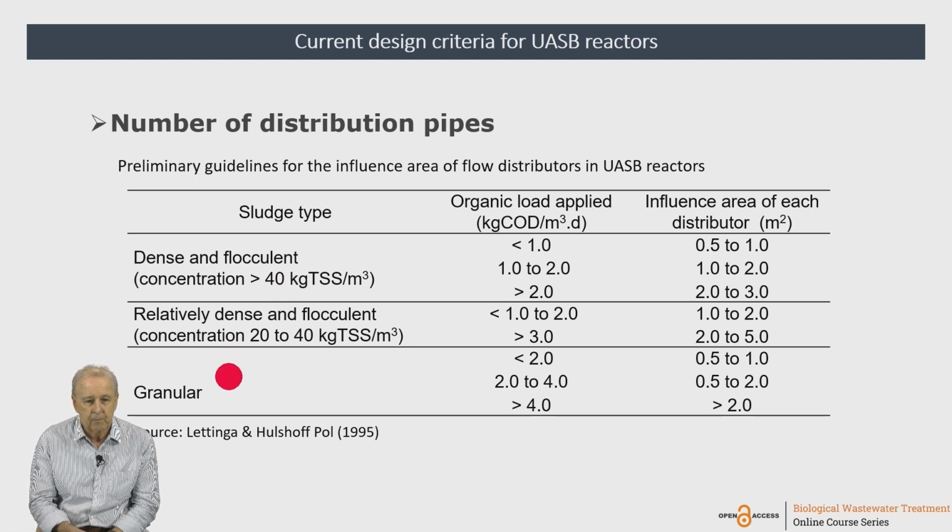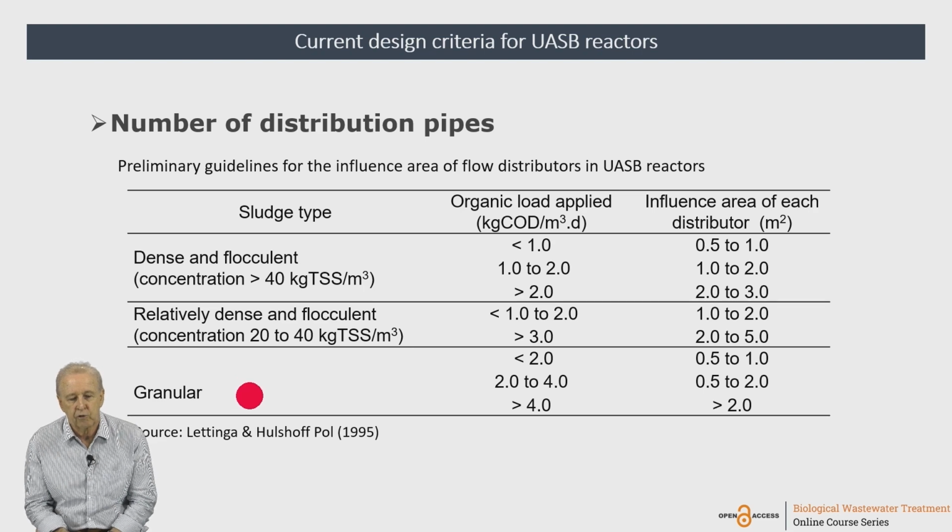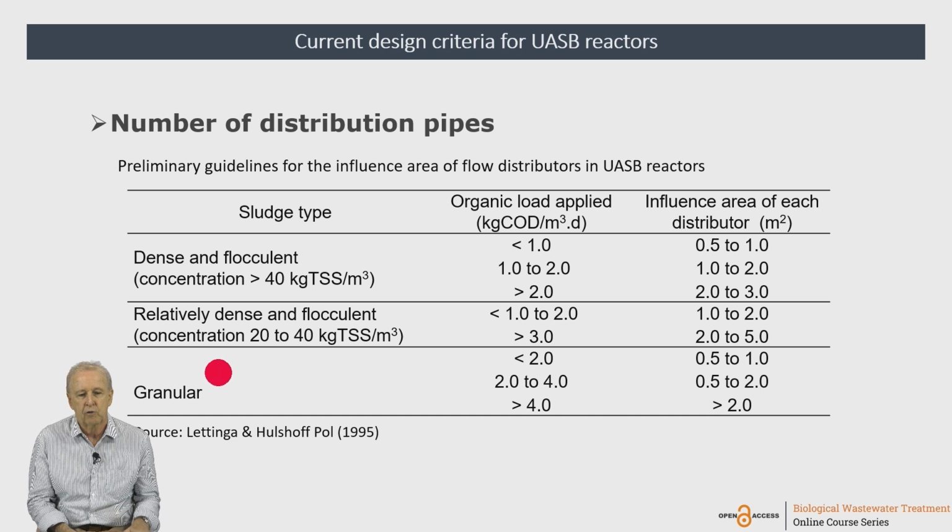The granular sludge is more common, it usually develops for industrial effluents. So I'm not going to talk about granular sludge here because it's more applied. These guidelines here are more indicated for treating highly concentrated industrial effluents. But why does the flocculent sludge differ from one reactor to the other, and why is it important to determine the amount of distribution pipes?